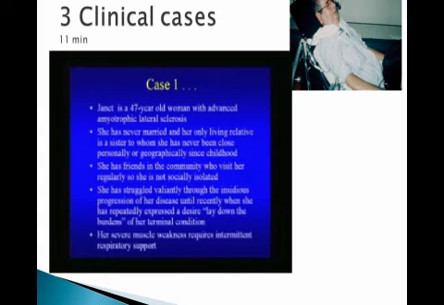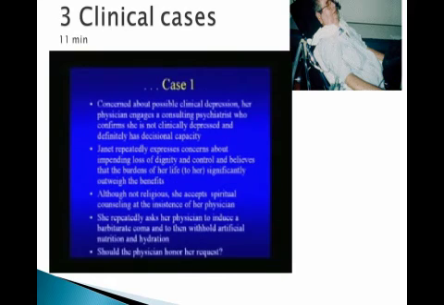Her severe muscle weakness requires intermittent respiratory support. She's concerned about the possible clinical depression, that is, her clinician. And so her physician engages a consulting psychiatrist who confirms she is not clinically depressed and definitely has decisional capacity.